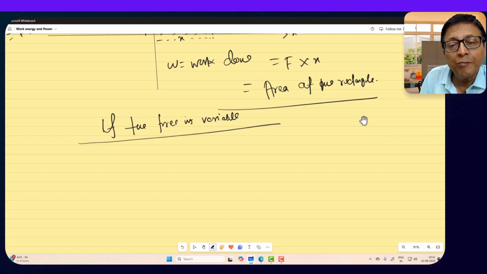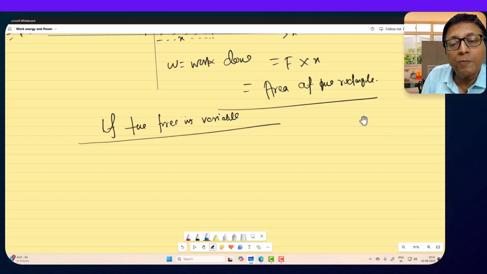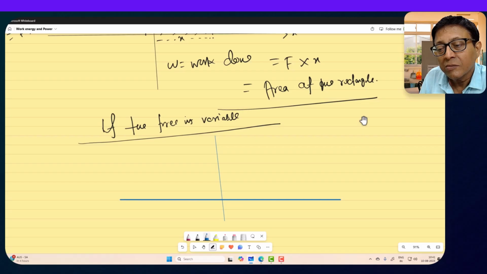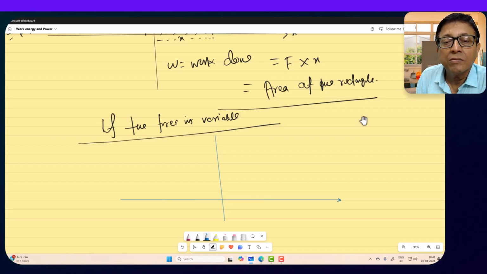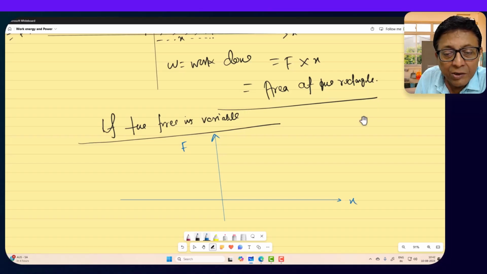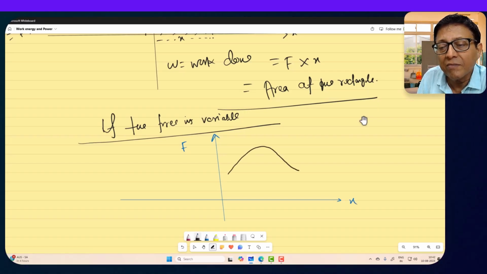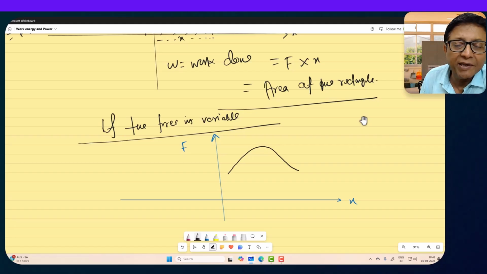With time, with displacement, the value of this force is going to change. How do you account for the work done? This is your F, this is x, force this time is a variable. Just take it in this manner, force is a variable.